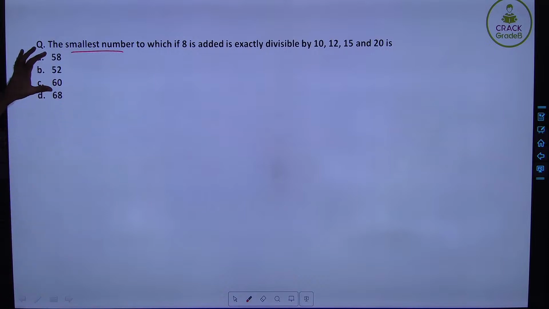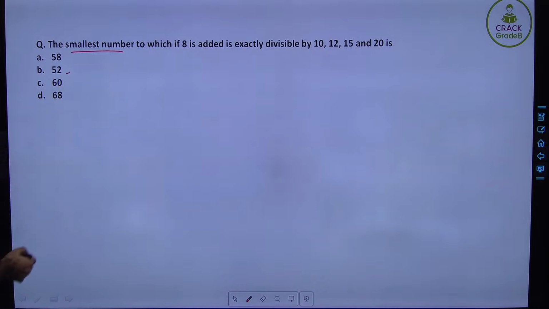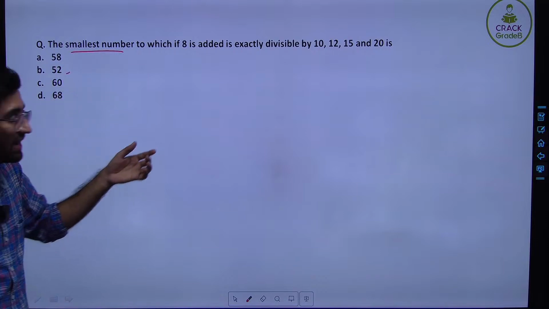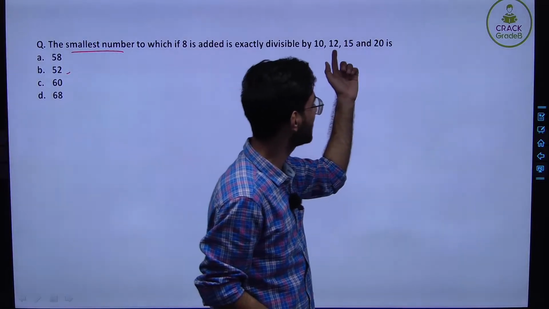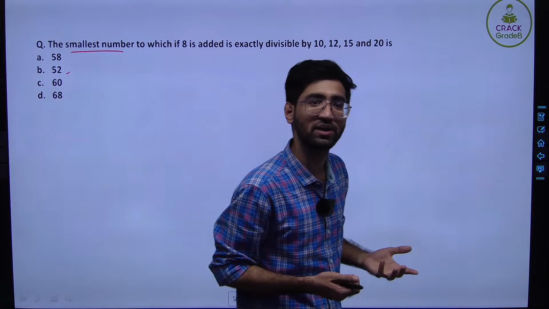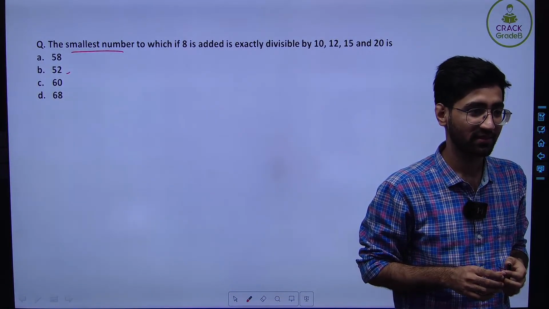So if you look at the options, we have to answer the smallest number, so start dealing with the smallest number. If you add 8 to 52, the number will be equal to 60. And see, 60 is divisible by 10, 12, 15 and 20. Right? So sometimes you can get this kind of easier question.